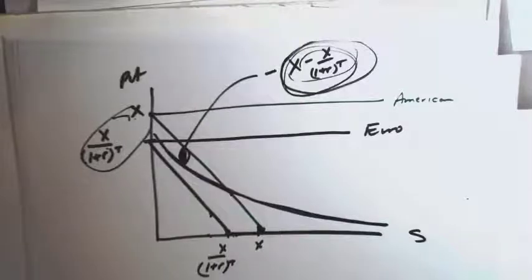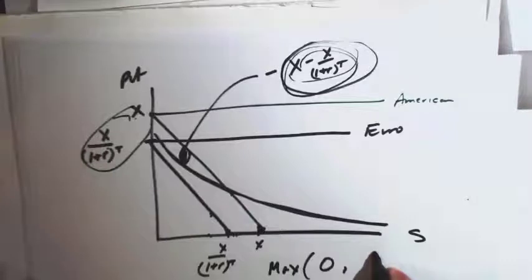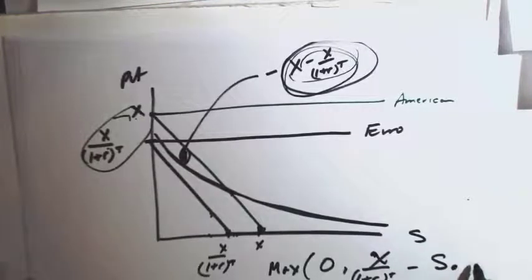So when that happens, you need to put that into the intrinsic value of the option. So the intrinsic value is normally this condition: X over 1 plus R to the T minus the stock price.